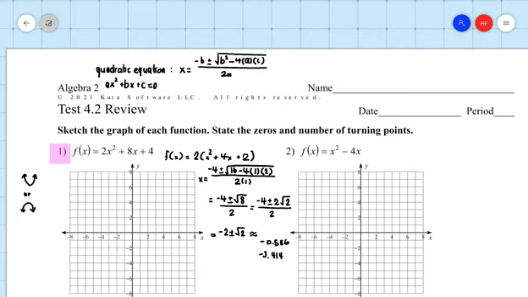Our first number is positive, so we're going to have a quadratic that is facing up, with zeros at these approximate points, so negative 3.414 will be somewhere over here, and then negative 0.586 would be somewhere over here.